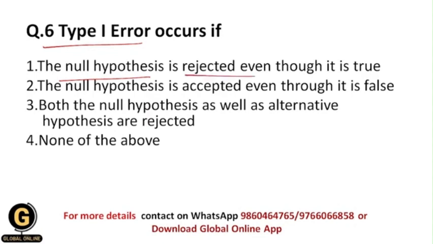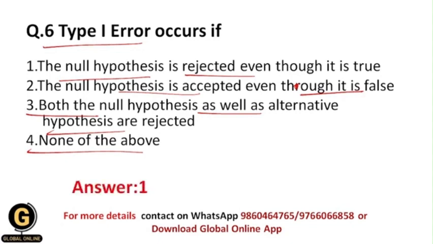The null hypothesis is accepted even though it is false. Both the null hypothesis as well as the alternative hypothesis are rejected. None of the above. So your correct answer should obviously be 1. As I have told you earlier in this video, whenever the null hypothesis is true but still we reject it, then in that situation type 1 error occurs. Okay, all of you getting? And that's why your correct answer should be 1.